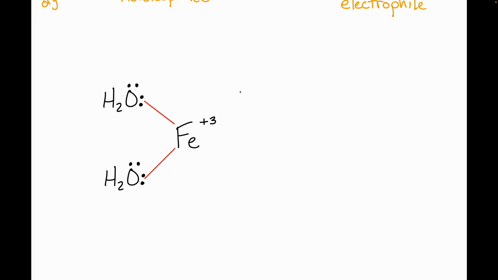We're going to decorate this thing with 4 water molecules here. Let's just note, I'm writing the formula a little weird. Instead of H2O, I'm writing OH2. That's because I want to show that it is the oxygen with its lone pair that is forming a bond with the iron, not the hydrogens. So you'll see this where we play with these formulas a little bit to show how these things are actually oriented.